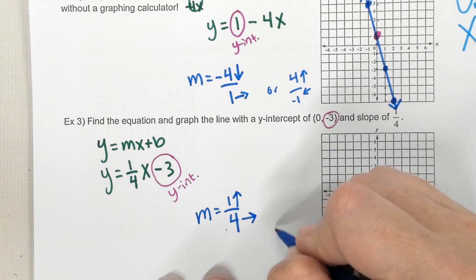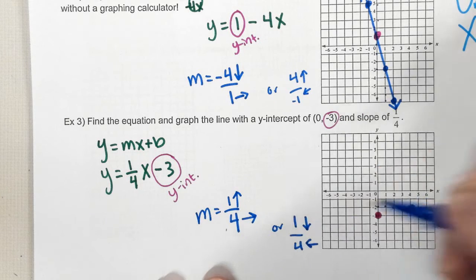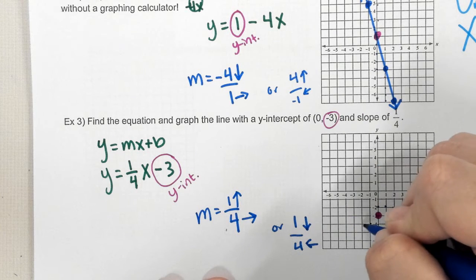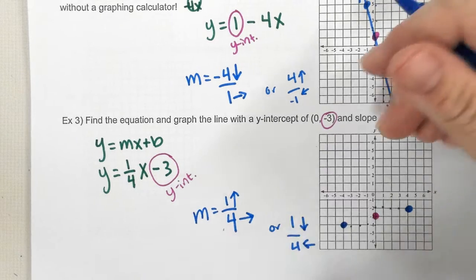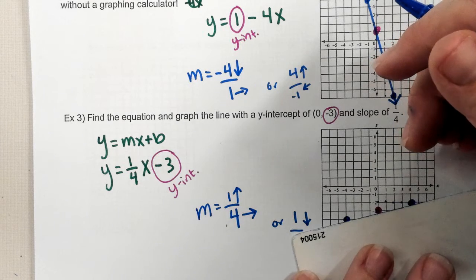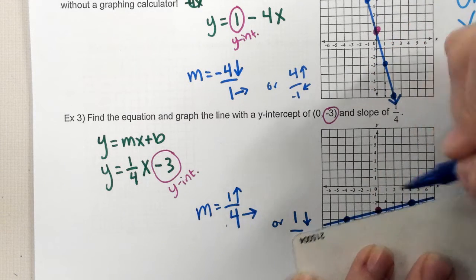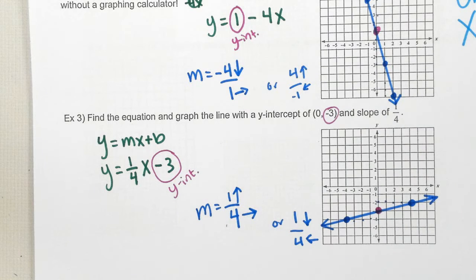And then I can also do down 1, backwards 4. Any questions with those slope-intercept forms?